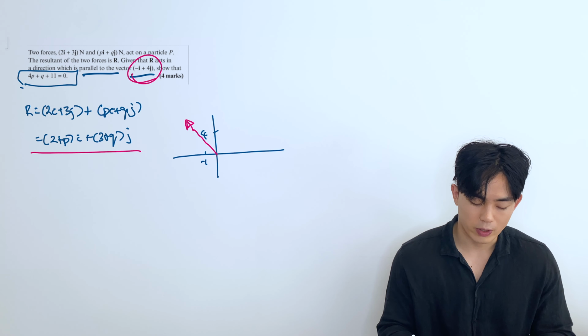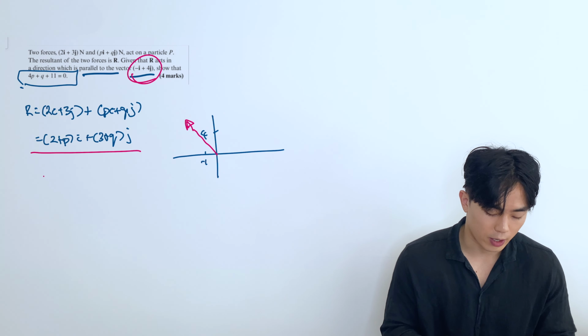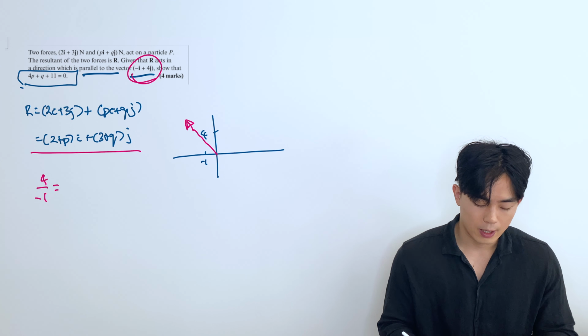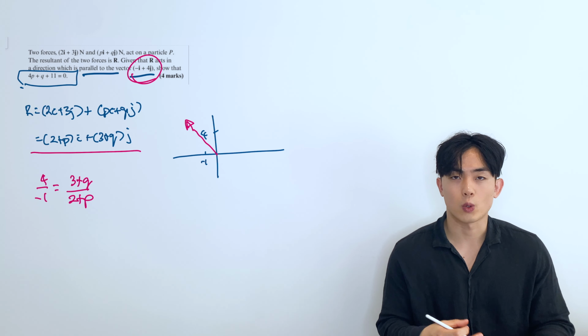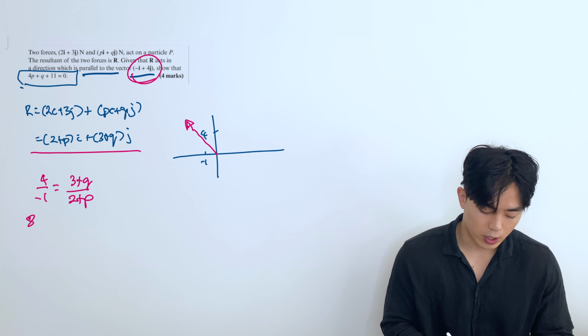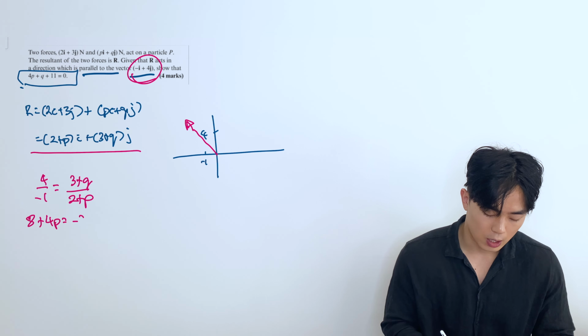The gradient of -i + 4j is j over i, so 4 over -1, and that's equal to j over i of R, so it's (3 + q) over (2 + p). So that's how we've equated them together. Now just rearranging, 8 + 4p is equal to -3 - q, and we get 4p + q + 11 = 0.